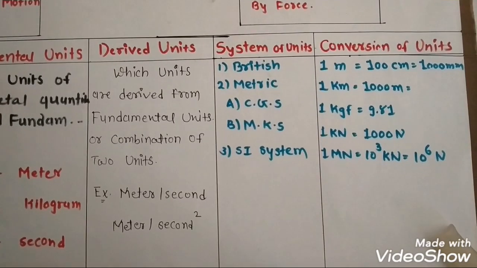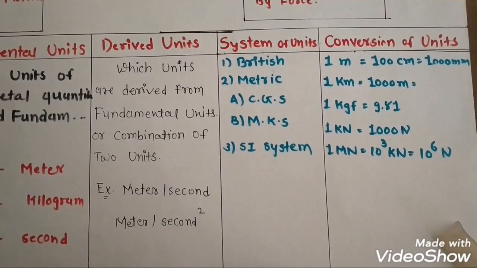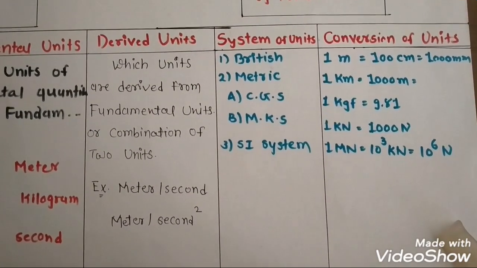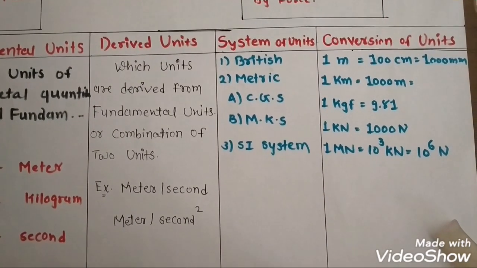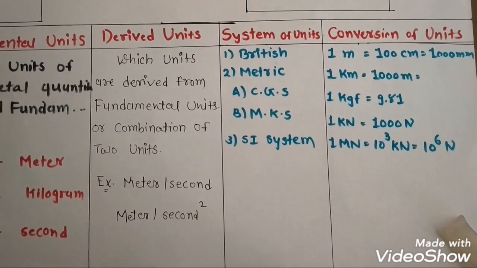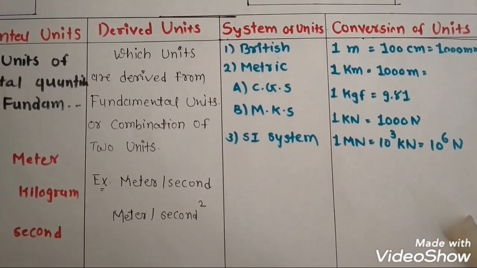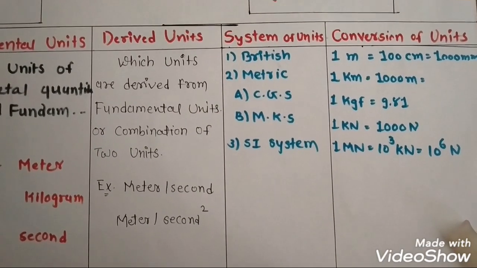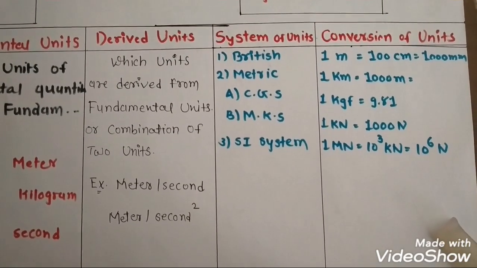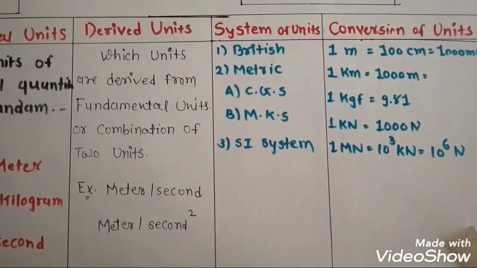In the metric method, there are CGS and MKS units. CGS is centimeter gram second method, and MKS is meter kilogram second. And then SI units, the SI system. So the British system, the metric system and the SI system. In the metric system, there are two systems, CGS and MKS.